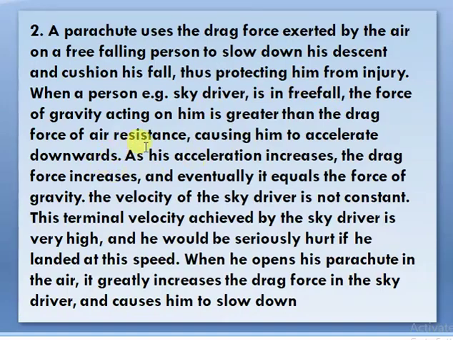So when somebody is falling freely from the air, for example a skydiver, the force of gravity that is acting on that skydiver will be greater than the viscous drag. And remember, we said that for us to attain terminal velocity, this viscous drag must balance the weight of the body.